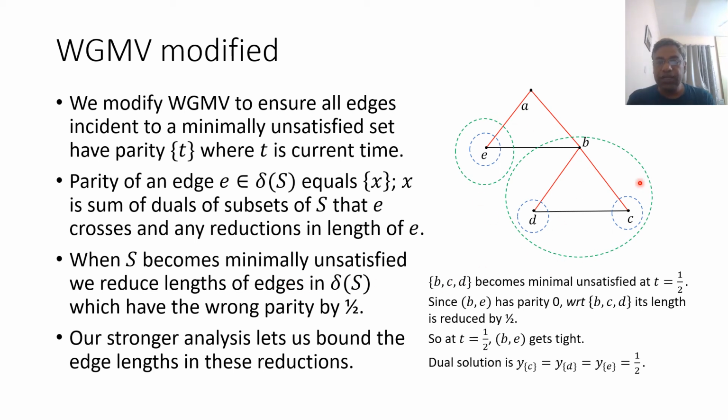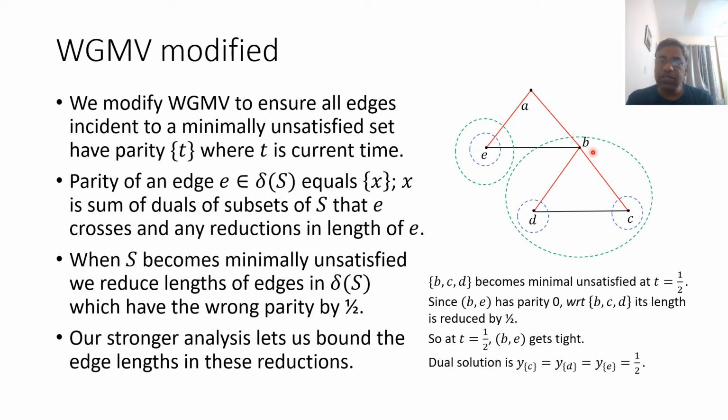If I look at that example that I showed you earlier, where things were going wrong, here at time t equals half, this set and this set became minimal unsatisfied sets. BCD became minimal unsatisfied at t equals half. Now this edge with respect to this set has parity 0 at time t equals half.